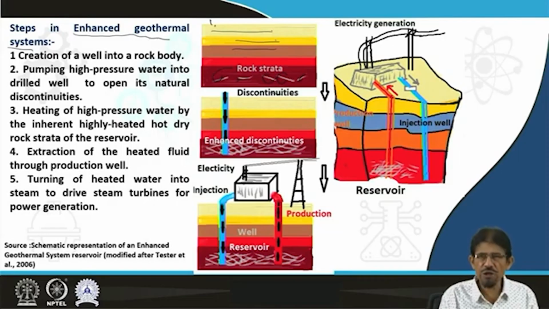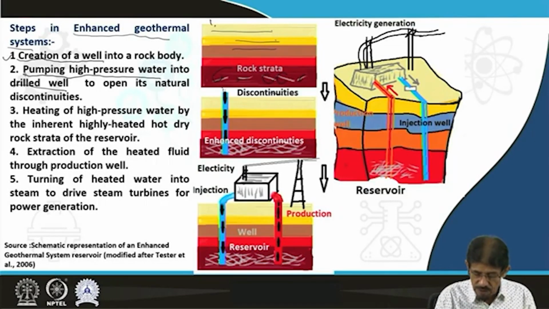For extraction of geothermal energy, in the initial steps, first we create a well in a rock body through drilling. So the first step is the creation of a well. The second step is pumping high pressure water into the drilled well.